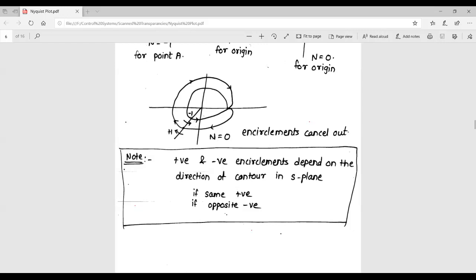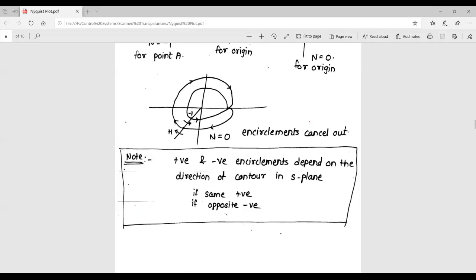And in the end, we have seen encirclements. A point or contour is said to be encircled by a particular path if it is lying inside that particular path, right? And how to count them?